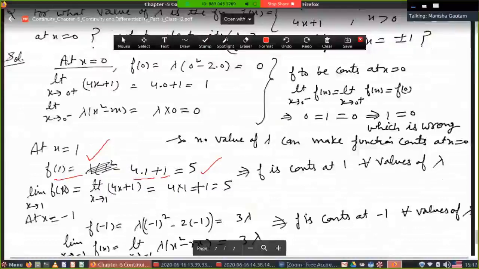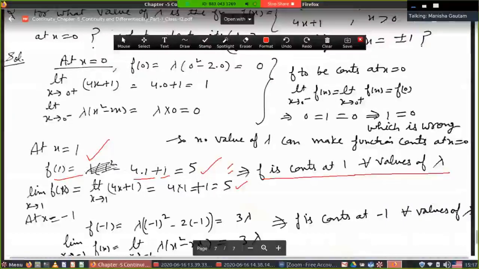The limit of the function at 1 is 5, and the value at 1 is also 5, both are equal. It means the function is continuous at x equal to 1 for all values of lambda, because the value of lambda doesn't affect it.